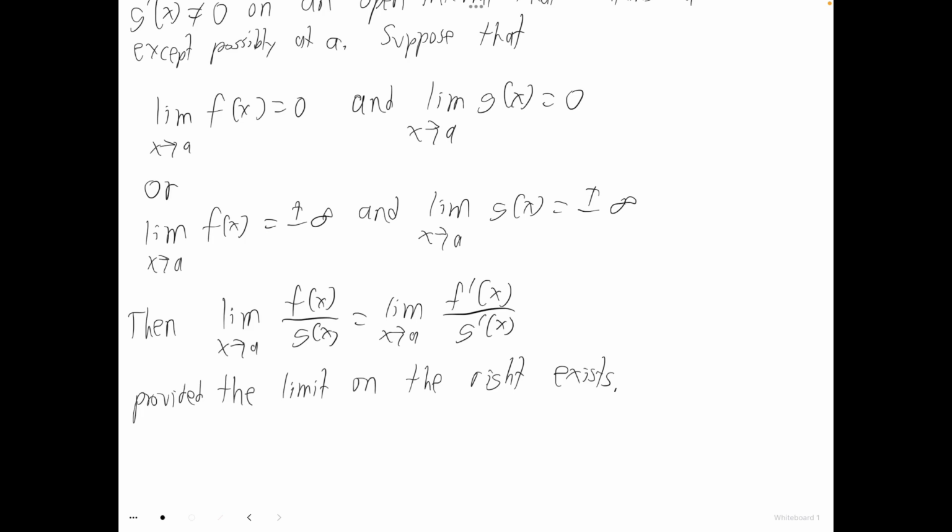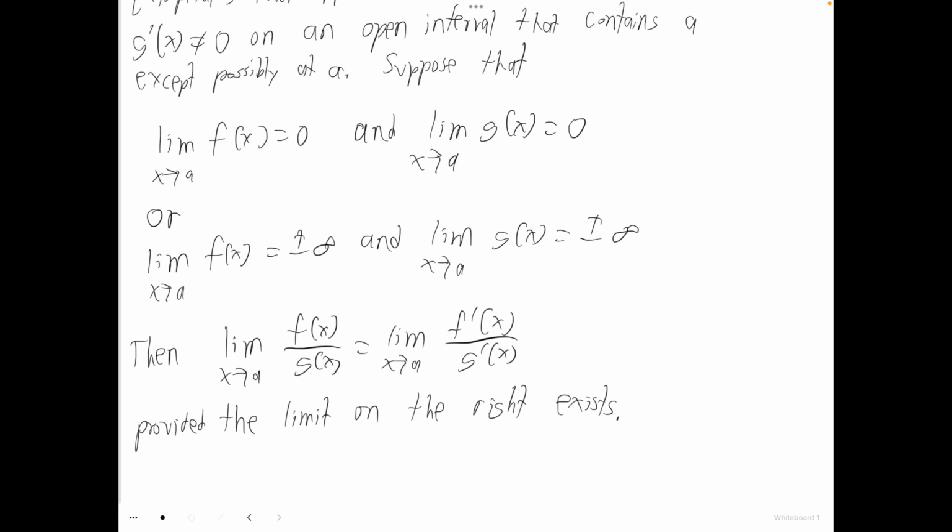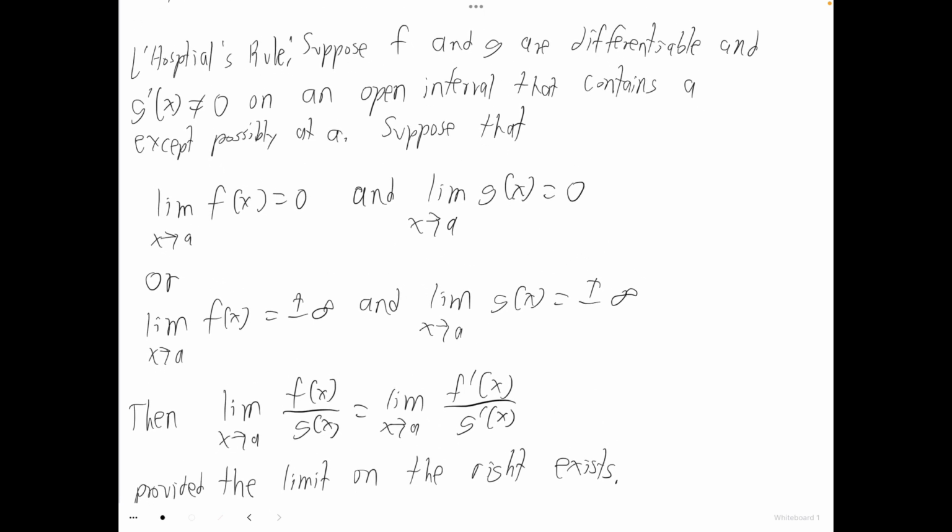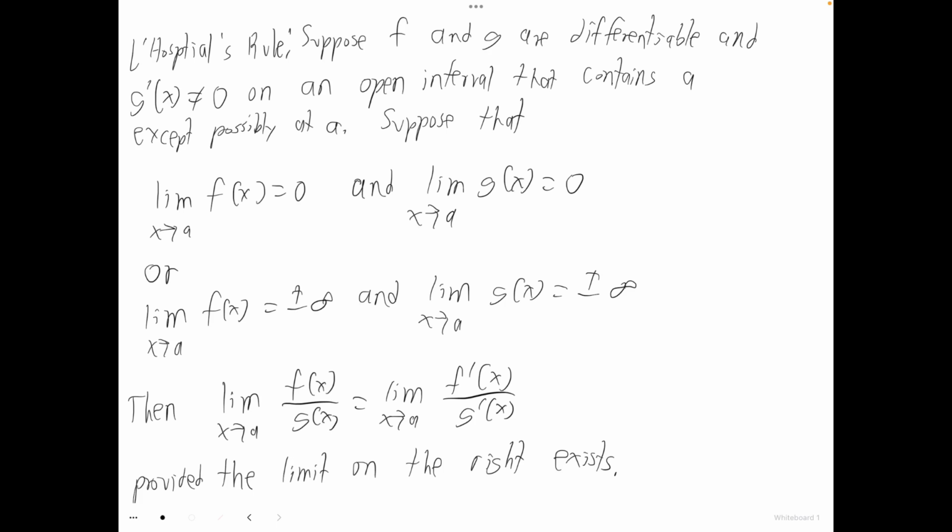With L'Hopital's rule, there are two pieces to it. The first piece is what I was talking about a second ago. If we have a limit of f of x divided by g of x, where we know both the top and the bottom are going to 0, then that limit is equal to the limit of f prime divided by g prime. Now we do have this one caveat that g prime of x cannot be 0 on an open interval that contains a except possibly at a.